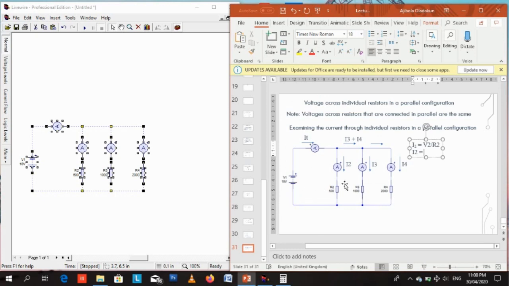Remember that the voltages across resistors connected in parallel are the same. So V2 equals V3 equals V4 equals 10 volts.